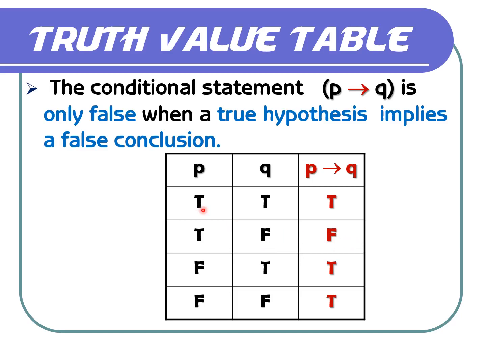But if your hypothesis is true and your conclusion is true, the conditional statement is also true. If your hypothesis is false, and your conclusion could be either true or false, your conditional statement is still true. Okay, so I hope this is clear. You just look at this table.